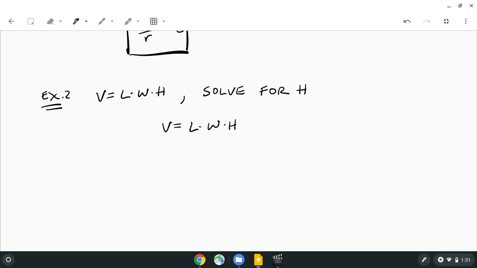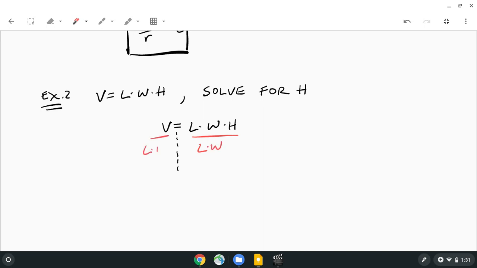I need to solve for H, and we see that H is being multiplied by LW. It's all multiplication. So the opposite of multiply is divide. So that's what I will do. I'm going to divide by LW.